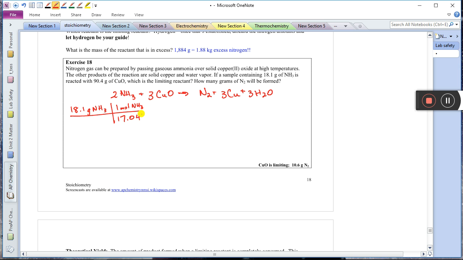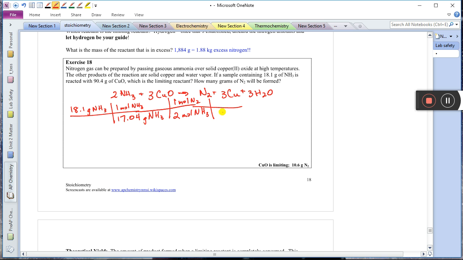Grams of NH3. Once we're in moles, then we use our mole ratio. So how many moles of NH3 are in my balanced equation? And we're trying to get to what? Grams of nitrogen. So let's go ahead and go to moles of nitrogen, which is 1. And we're going to go ahead and go to grams.